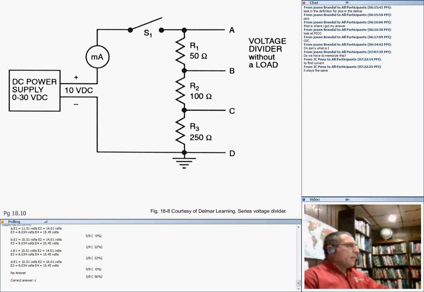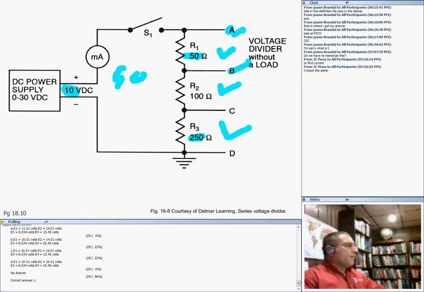As you can see, just by looking at it, guys, this resistor will have the largest voltage, this resistor will have the lowest, and I can easily do the voltage divider. If I set it at 10 volts, I can find the voltage at each one of these. If I find the voltage from A to B right here, very, very easy.